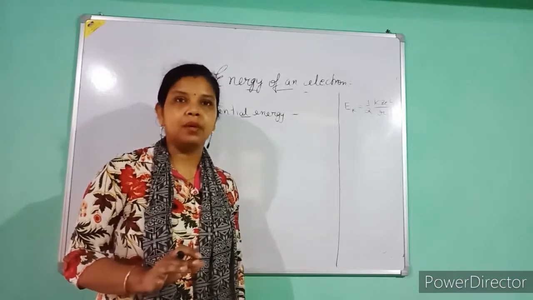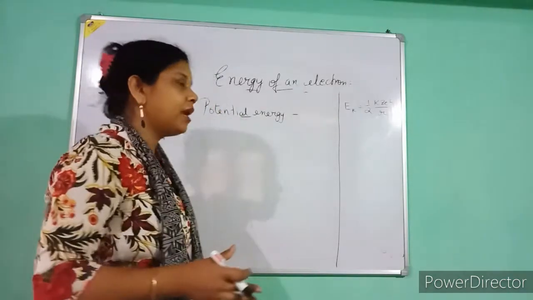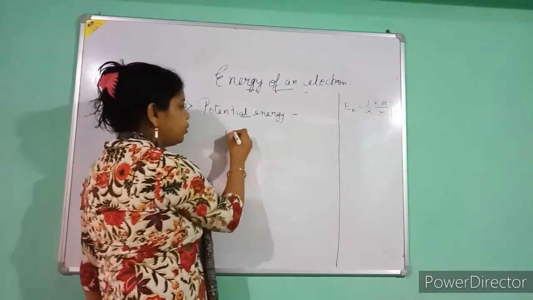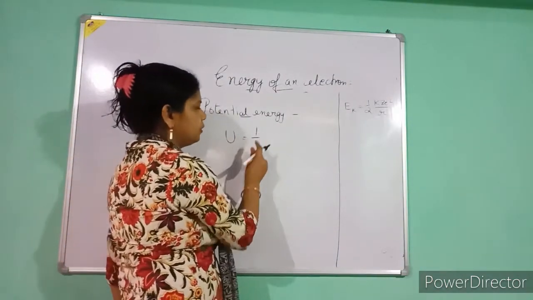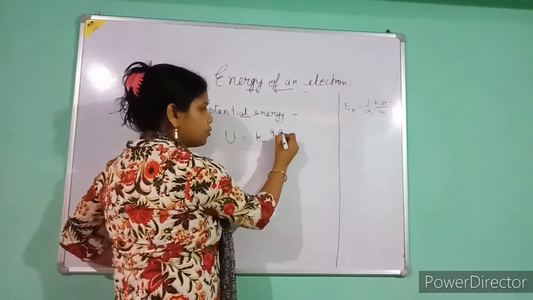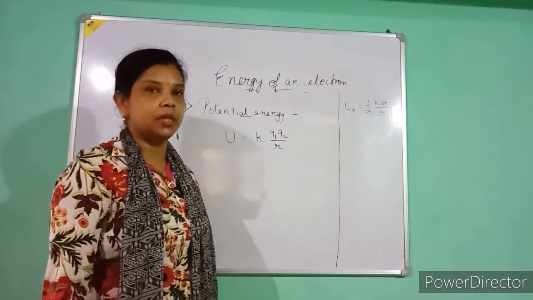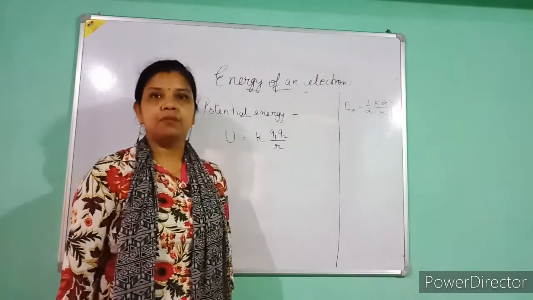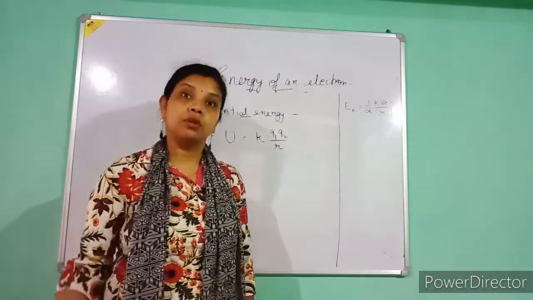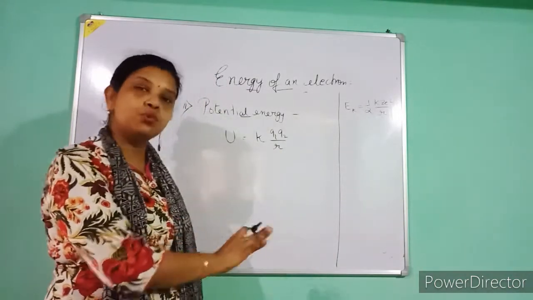I hope you remember, potential energy is nothing but the work done. There we have written potential energy U equals k Q1 Q2 divided by r. This equation comes from the second chapter of the first book, electrostatic potential and capacitance. There we have derived it and also used it.